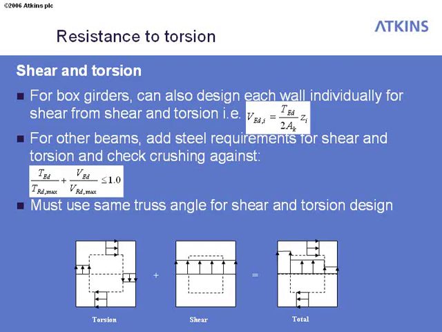You can do a design for torsion, do a design for shear, and then add the requirements together using a linear equation. So we just check that the torsion divided by the limiting torsion plus the shear divided by the limiting shear is less than 1 when we're looking at maximum shear stresses. And when we're looking at reinforcement, we obviously just simply add the reinforcement required from torsion and shear together.